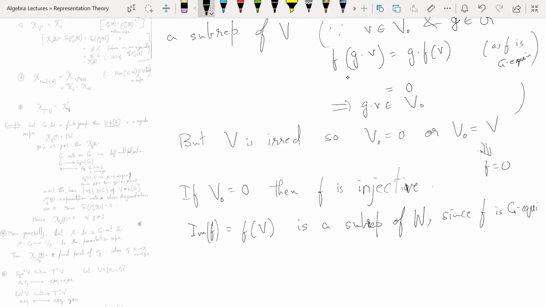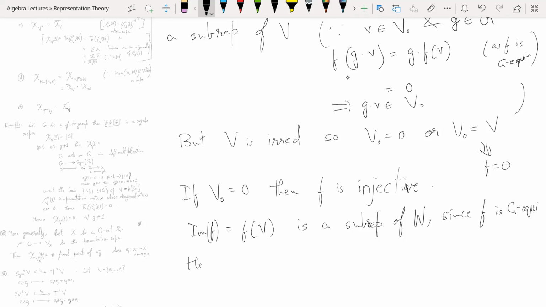If you take something in the image, let's call w in f of V, then g dot w is the same as g dot f of some little v, and G equivariance tells you this is the same as f of g dot v, which is again in the image of f. So it is a sub-representation.